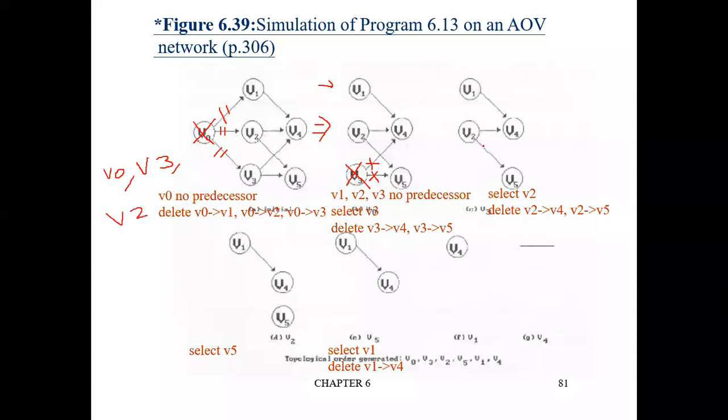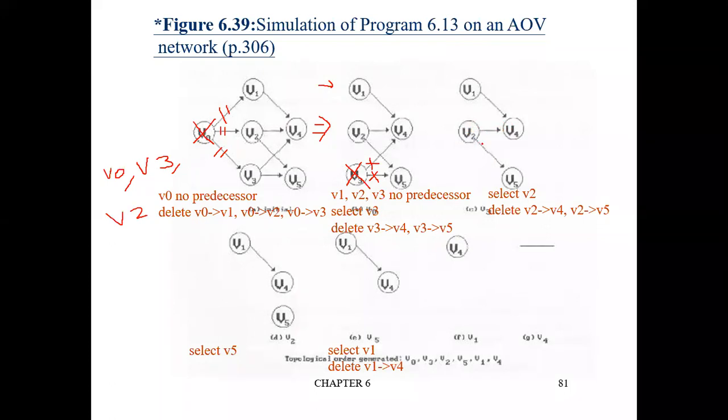Now you have to delete all the outgoing edges from V2. How many outgoing edges do we have from V2?